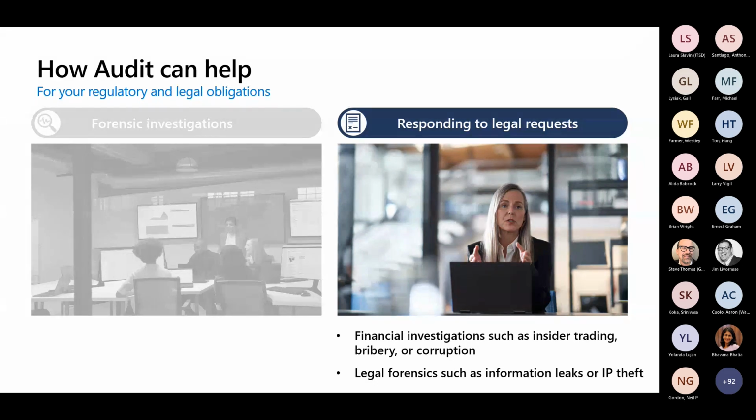And this is where Audit Premium is especially helpful, because you may be involved in financial investigations such as insider trading, bribery, corruption. And then furthermore, you can combine audit with e-discovery in Microsoft 365, and then you really have a powerful tool in identifying who accessed what data and when, and what can be relevant to legal teams, lawyers for criminal or civil cases.